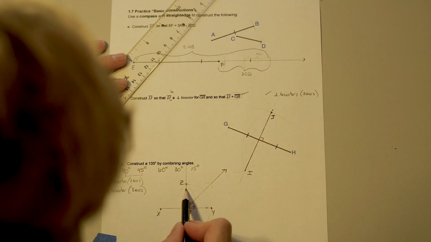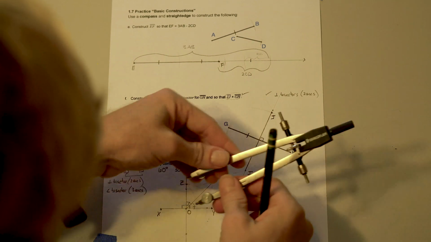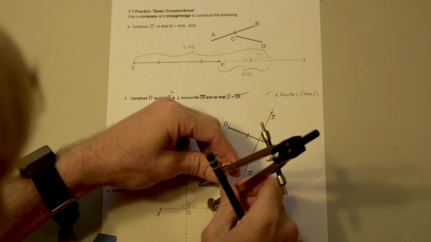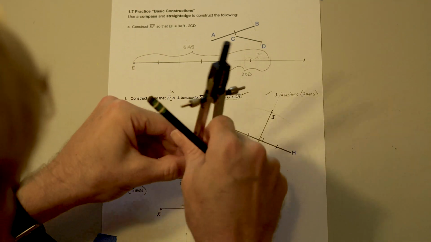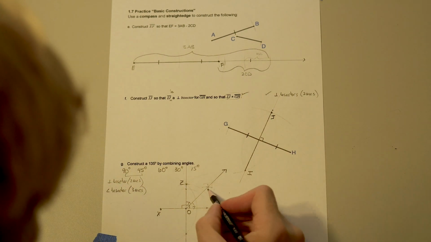Now I could have also used these 2 points just as a second example, and we'll see the intersection. See the intersection is going to go right through that ray too. So it goes right through there.